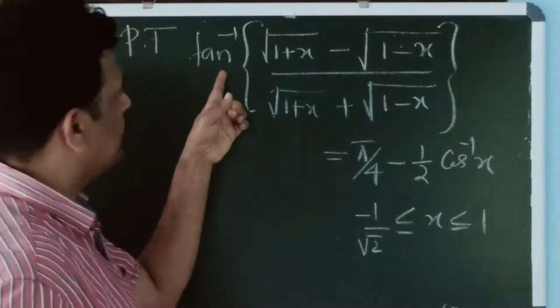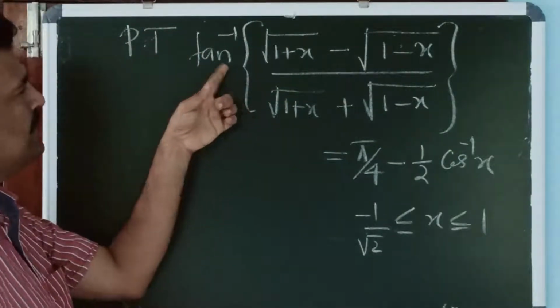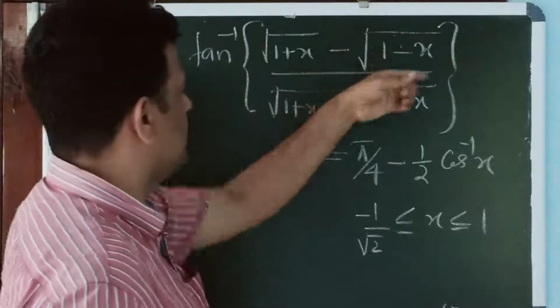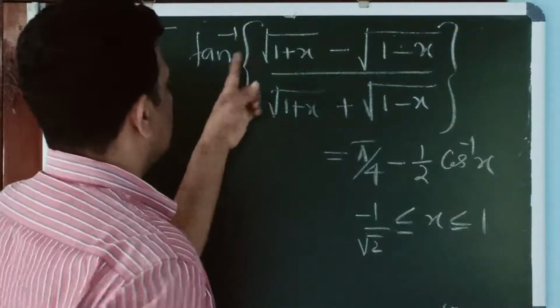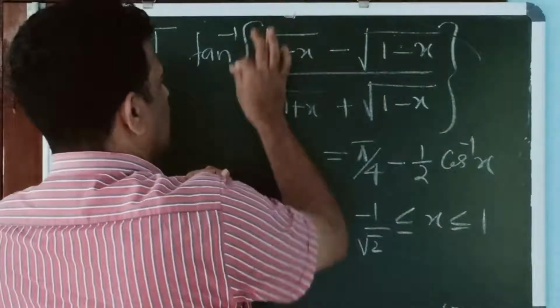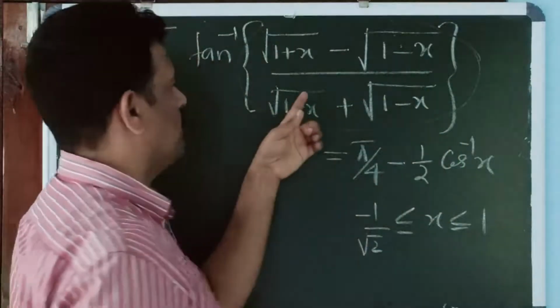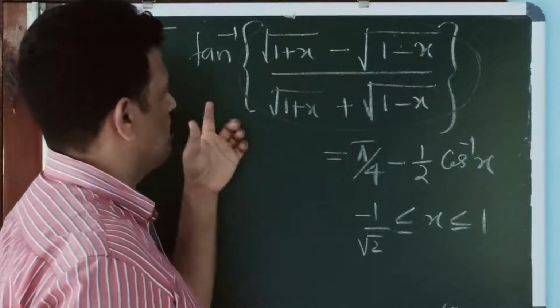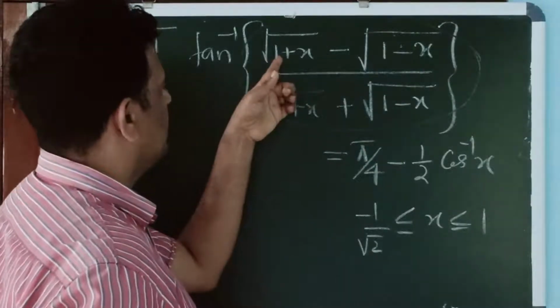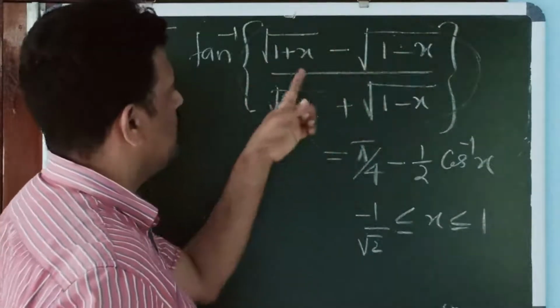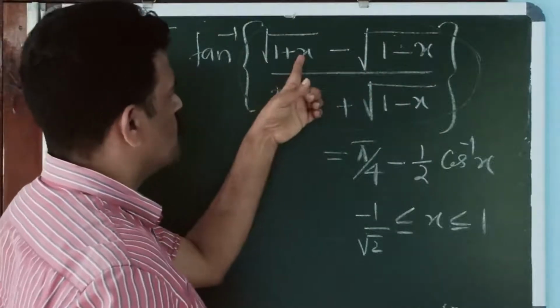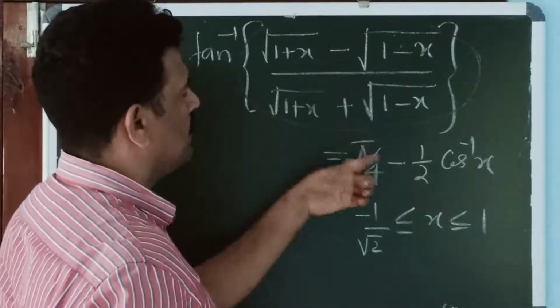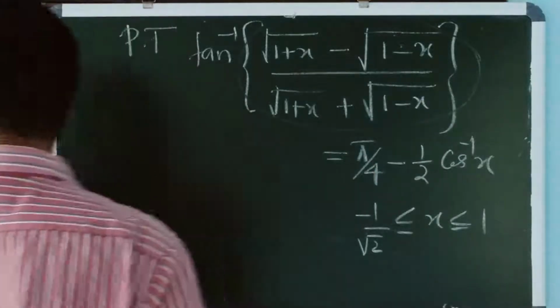The left hand side is the tan inverse of some expression. Now we will convert the expression into tan, so that tan inverse of tan is the expression, with a proper substitution of x. We can do the problem.